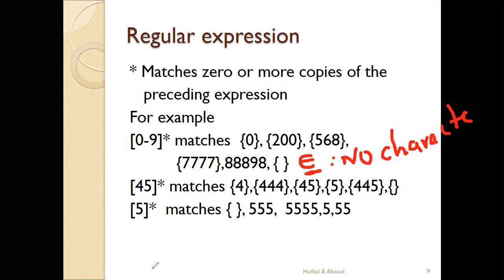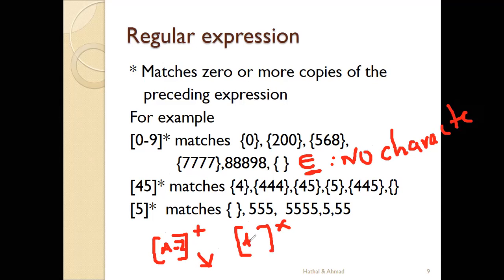The major difference between the regular expression with a plus and the regular expression with a star is that with the plus, at least one character from the character class should be selected.